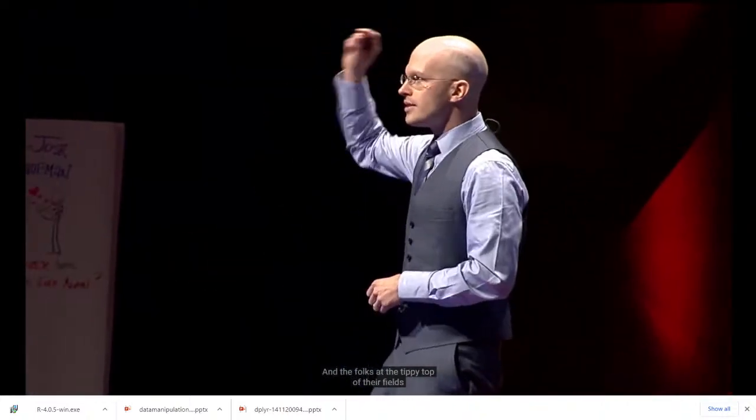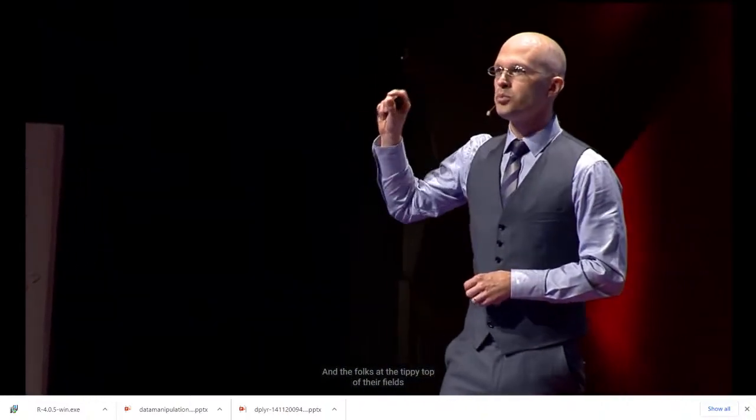And what he found is the more deliberate practice, the more time that those individuals spent practicing the elements, whatever it is that they do, the better they get. And the folks at the tippy top of their fields put in around 10,000 hours of practice.